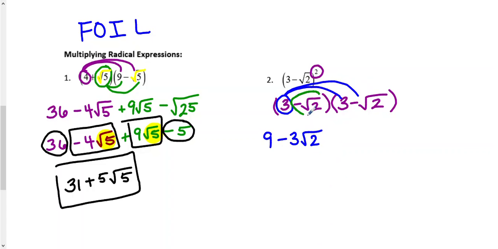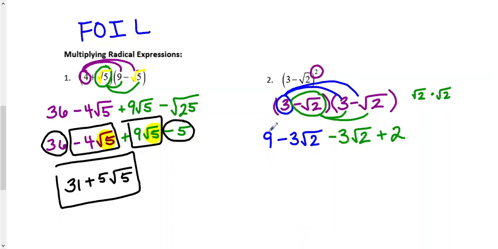Now I'm going to take this negative square root of 2, distribute it to a 3, again gives me negative 3 square root of 2, and then the negative square root of 2 times the negative square root of 2. Well, a negative times a negative is a positive, and remember square root of 2 times square root of 2, the square root sign goes away, so I'm just left with the number 2.